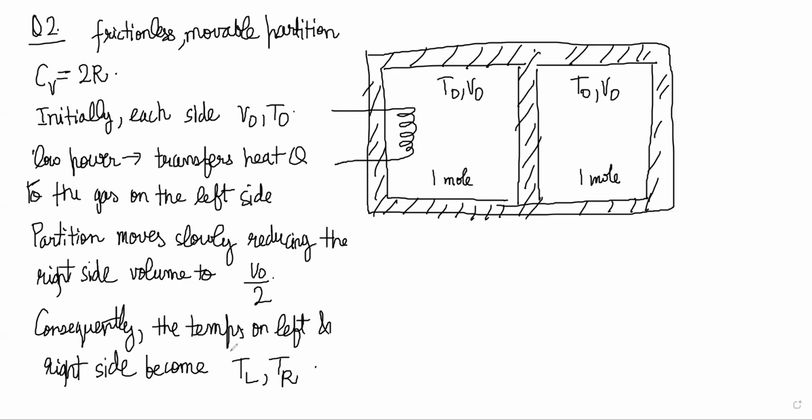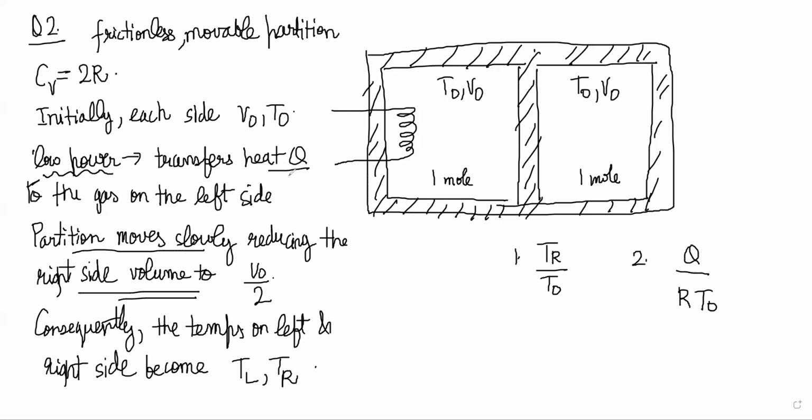Then you have to find out first of all the value of TR by T naught, and secondly, you have to find also the value of Q by RT naught. The partition moves slowly. This was a low power heater transferring heat Q to the left side.